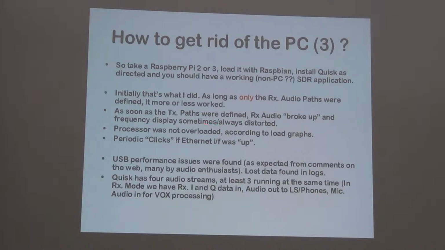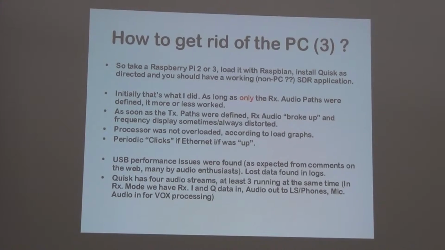Why didn't it work? The processor was not overloaded. According to the Linux processor load figures, the processor was fine. 2 of the cores were running at 40-50% load, 27%, 50%, something like that.